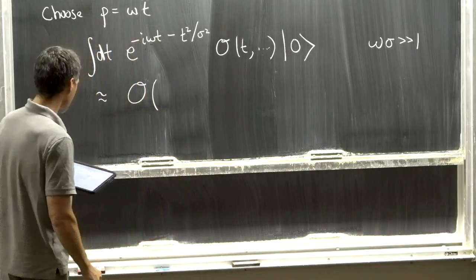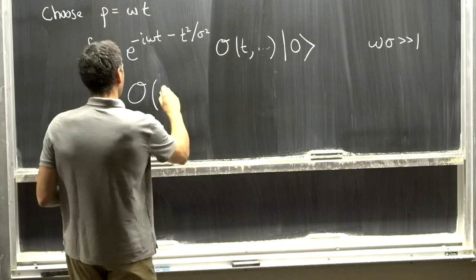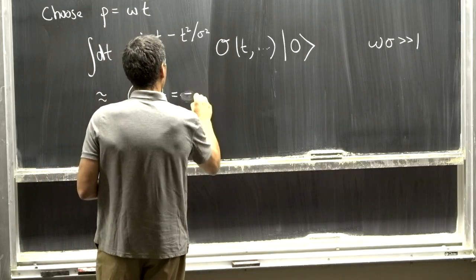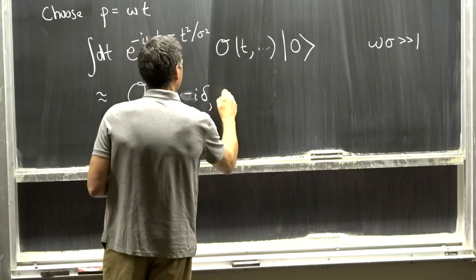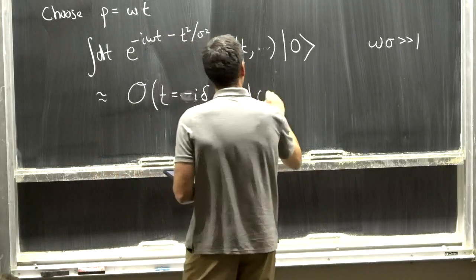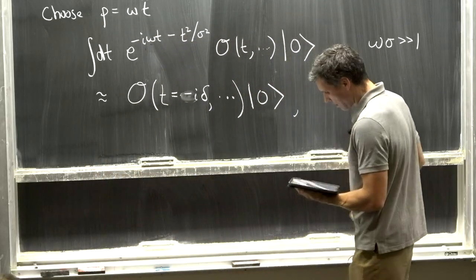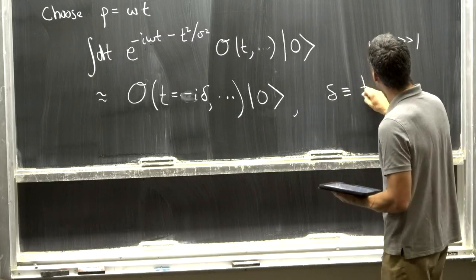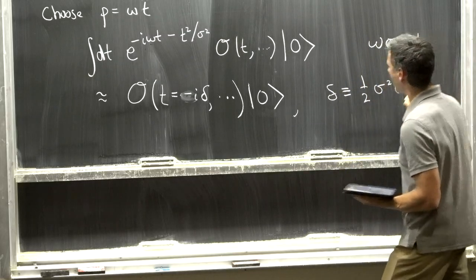And the saddle point is at t is minus I delta, dot, dot, dot, acting on vacuum, where delta is 1/2 sigma squared omega.